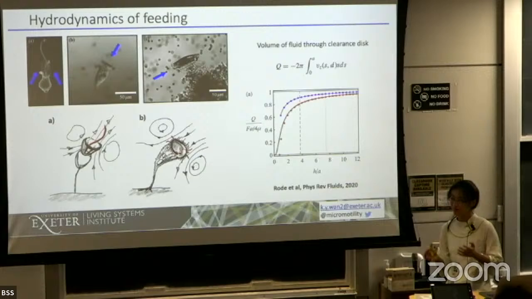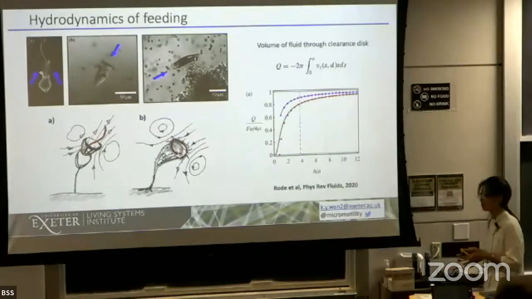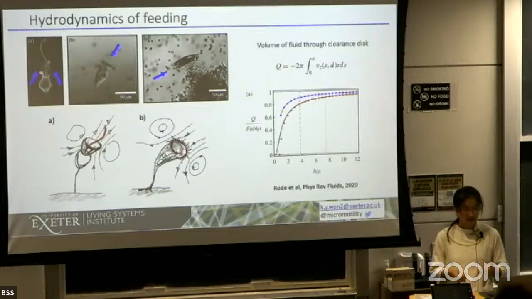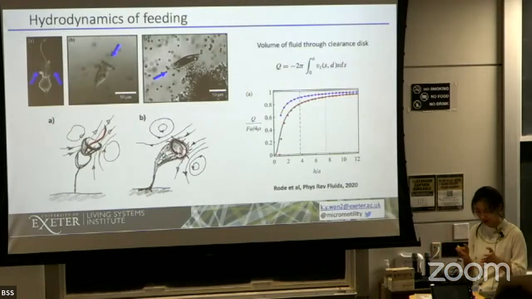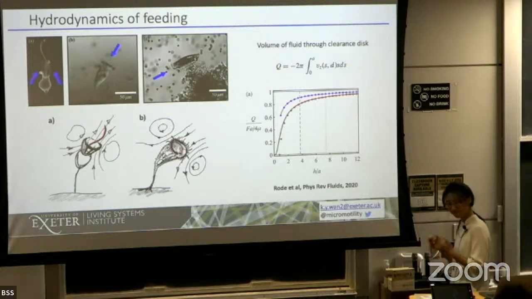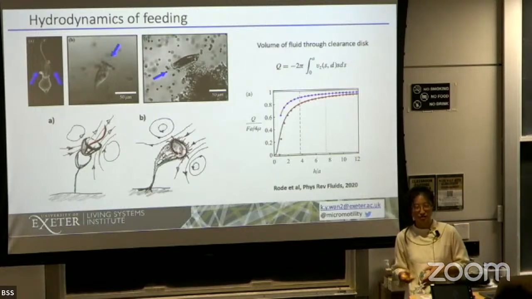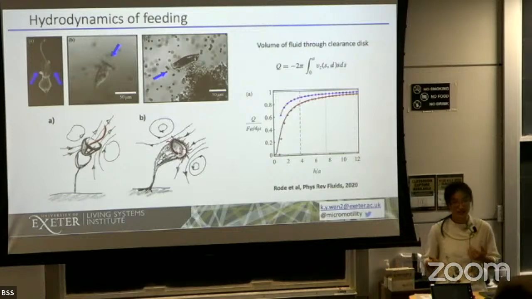The consequence for the fluid physics is that it generates different flow patterns, or even if you generate the same profile with the cilia, depending on the location of these solid boundaries, the effect is going to be very different.